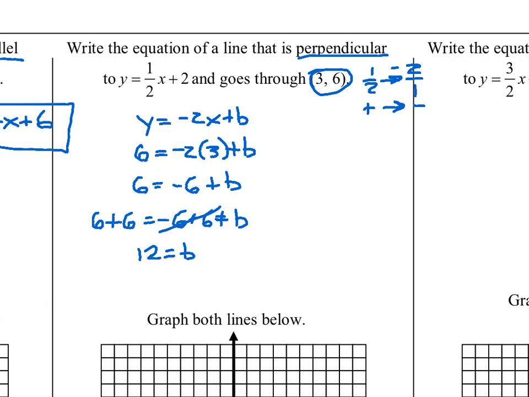So our equation should be y equals -2x plus 12. Now we need to graph both lines.